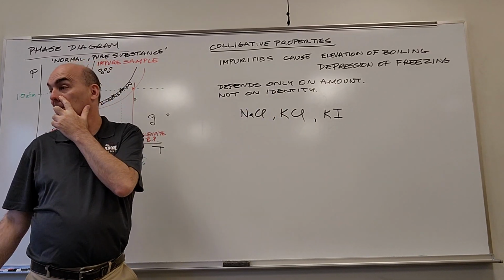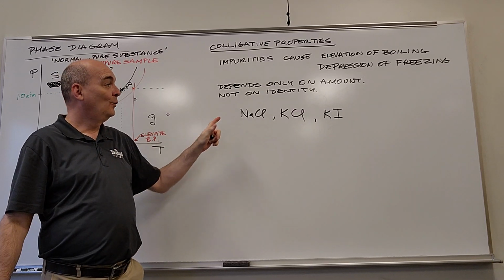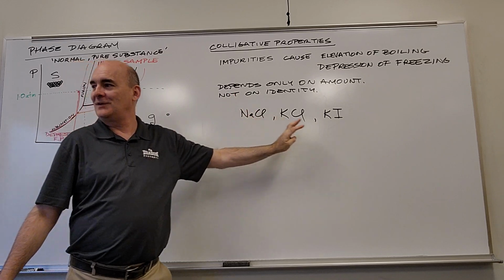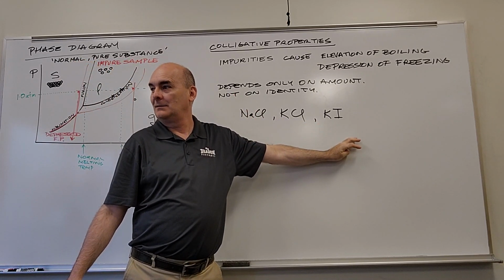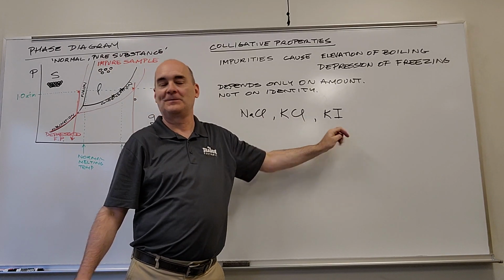Exactly the same effect, okay? But it's the exact same effect when you have a mole of this and a mole of that. Not a gram of this and a gram of that, okay?